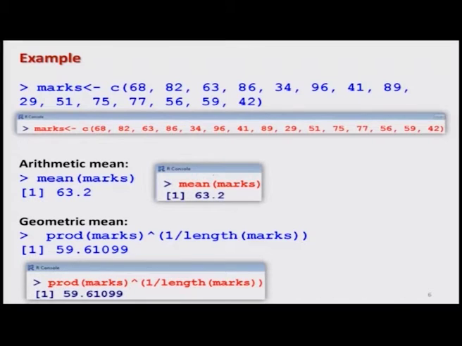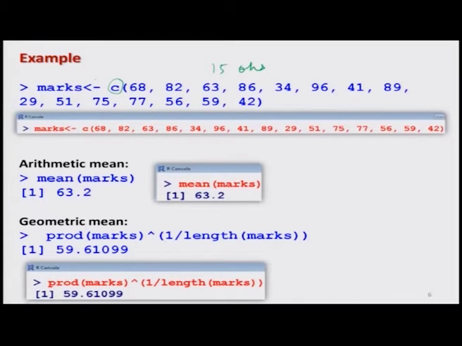So, after having these simple functions, why not implement them over a small data set and see what is really happening. Now here we consider a data set of 15 observations, and all these values are combined in a vector using c, and these numbers are representing the marks of some students.